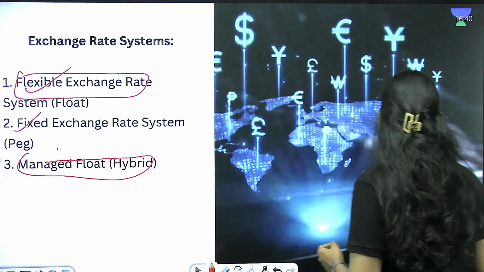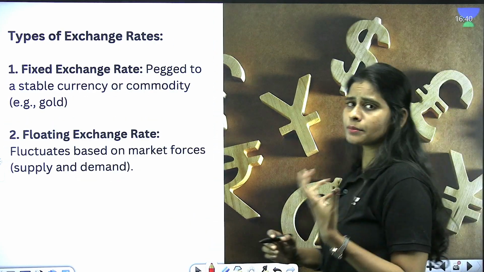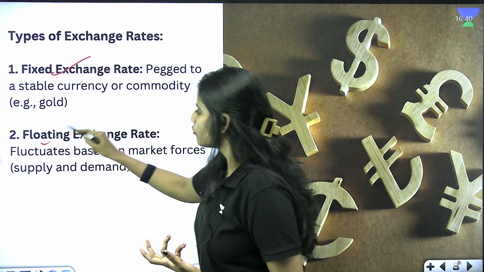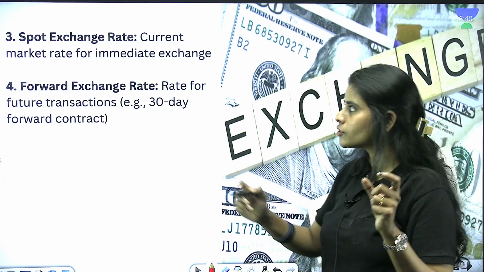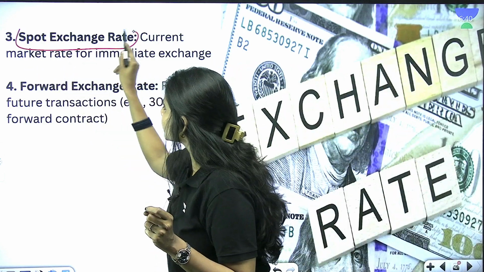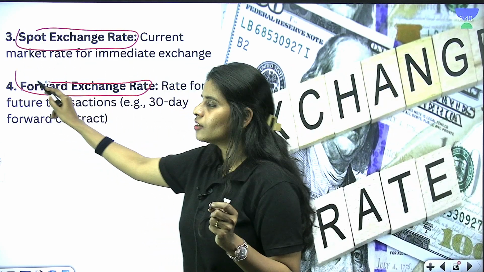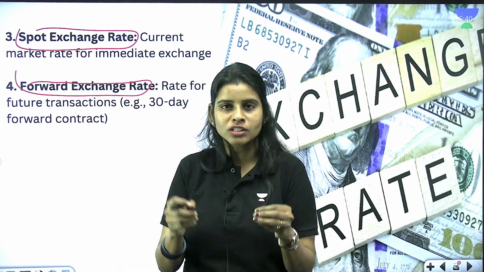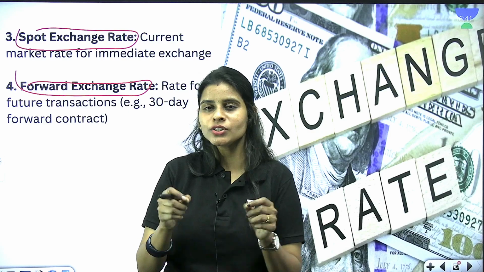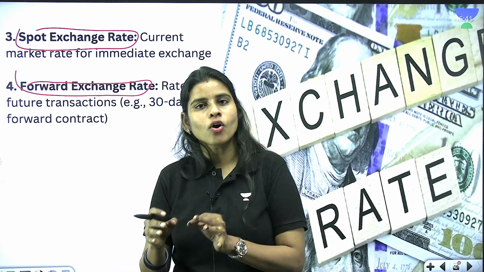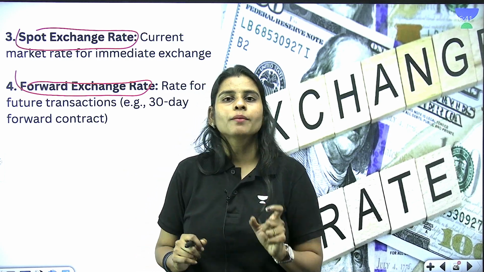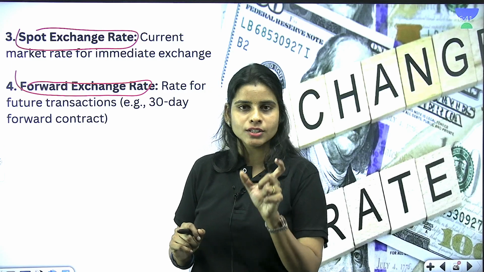So we learned so far what are the different types of exchange rates, that is fixed and floating, and how it is done, and get to know these two terms, that is called as spot exchange rate and forward exchange rate. So what is spot exchange rate? On spot, if I want to exchange the Indian rupee right at this moment, what is the exchange rate? That is called as spot exchange rate. So this is something will be released by the country's central bank.